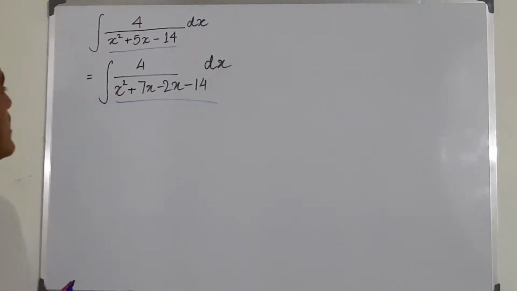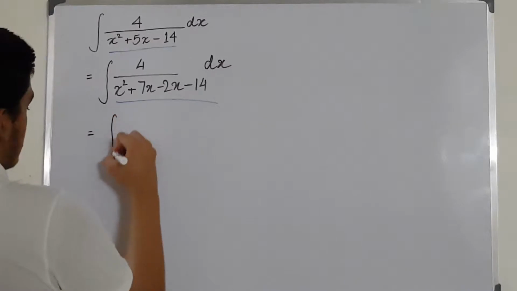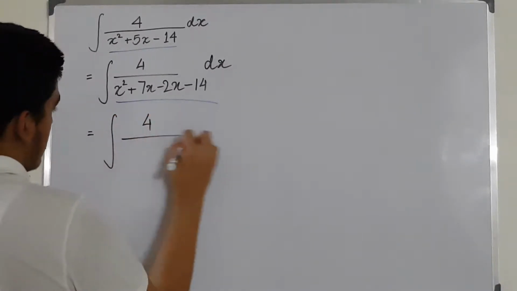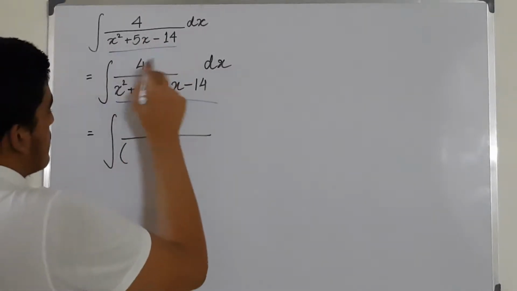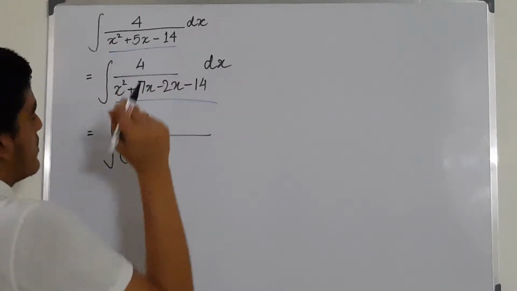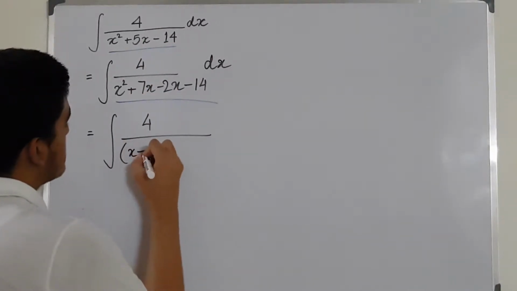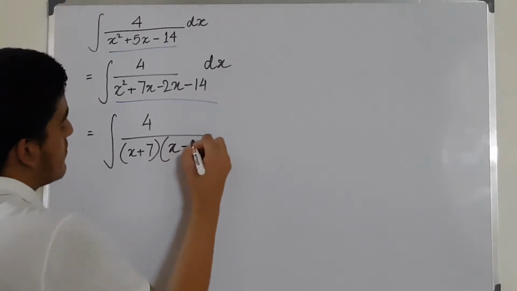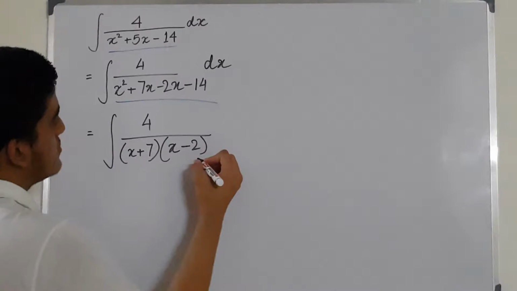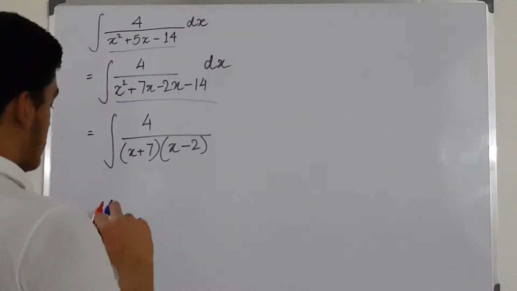So this is how I factorize this, and I get two factors for this single polynomial, which is x plus 7 multiplied by x minus 2.